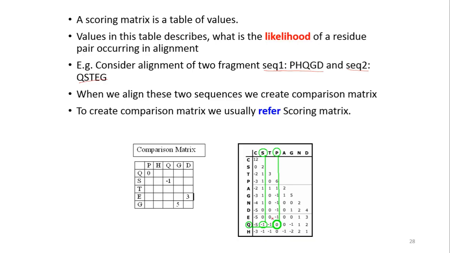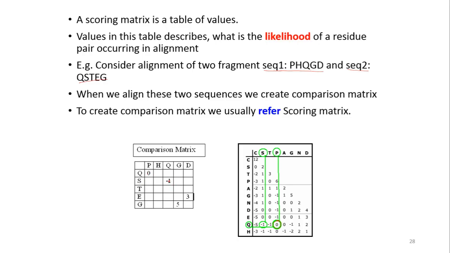What is the likelihood of aligning P with Q in these two sequences? Here is the value, the likelihood of this P getting aligned with Q. The likelihood value is 0, so we put 0 over here.